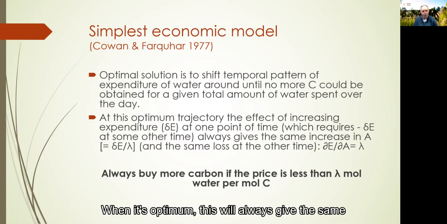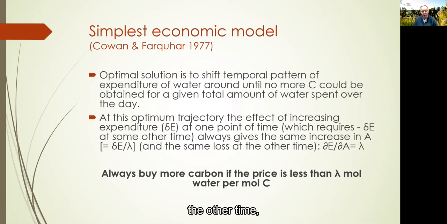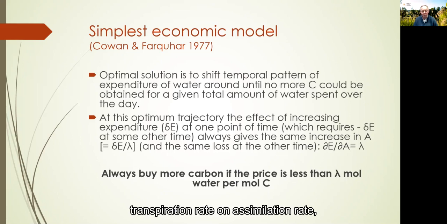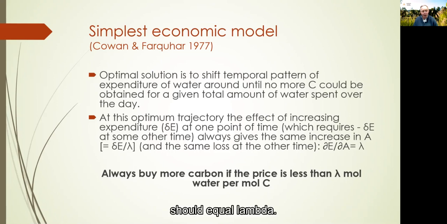When it's optimum, this will always give the same increase in A equals delta E over lambda, and the same loss at the other time, delta E over lambda. So that implies that dE/dA, the partial dependence of transpiration rate on assimilation rate, where the source of variation is actually stomatal conductance, should equal lambda.